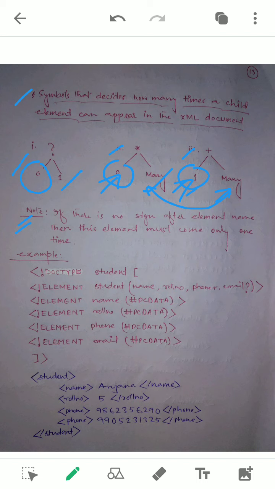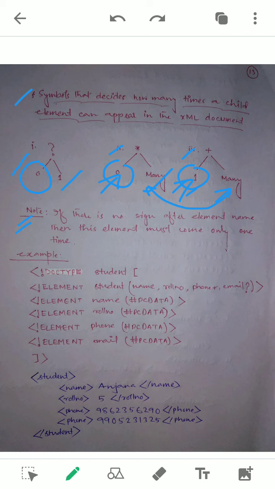If there is no sign after any element name, then that element must come one time. So what is the difference between plus and no sign? Plus means it should come one time, must come, but it may come many times. But if there is no sign, only one time, it cannot come many times.